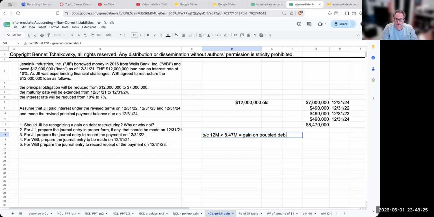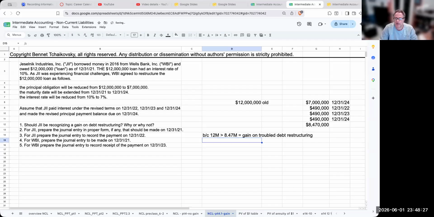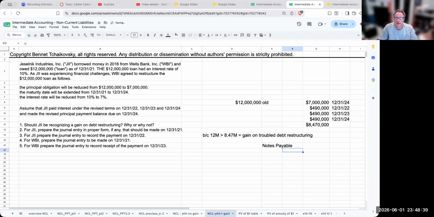debt restructuring. Okay. And the way this is going to work for the debtor is that the debtor is going to basically reduce notes payable by the difference of these two amounts right over here, 12 million minus 8,470,000.